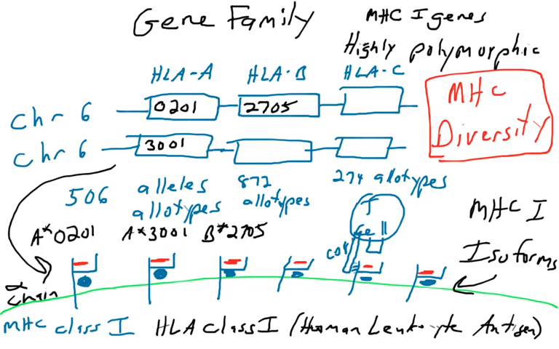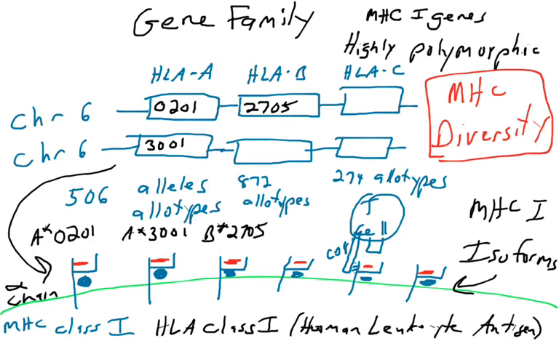Our parents most likely didn't have the same alleles as their parents or as their spouses, and so when we inherited our alleles they were likely different from one another. So we inherited, let's say, 0201 from our mother and 3001 from our father for the HLA-A gene. And for the HLA-B gene, we inherited 2705 from one parent and the other one from the other.